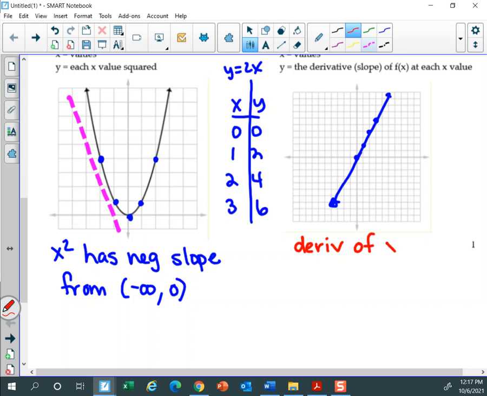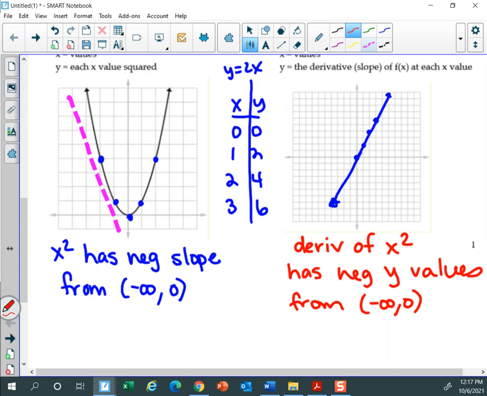The derivative of x squared has negative y values from negative infinity to 0. This negative section, these negative y values, represent the negative slopes on x squared.